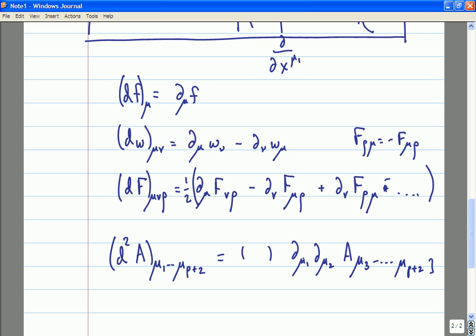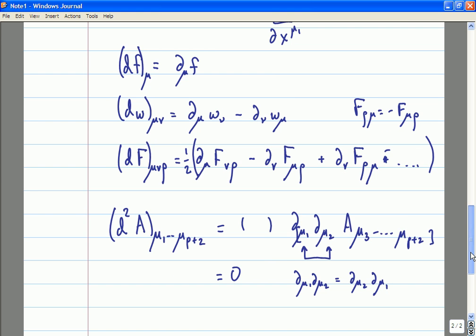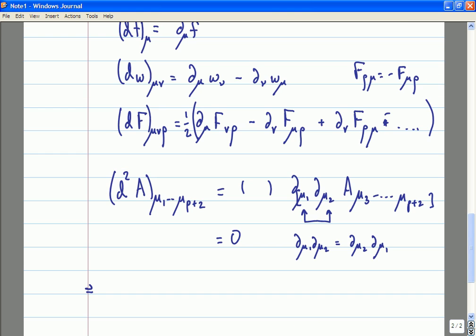And you'll be anti-symmetrizing, but when you interchange these two indices, d mu 1, d mu 2 is equal to d mu 2, d mu 1 by the equality of mixed partial derivatives. So this is just equal to 0. So what does that mean? That means that this differential operator that we have defined acting on p forms squares to 0.